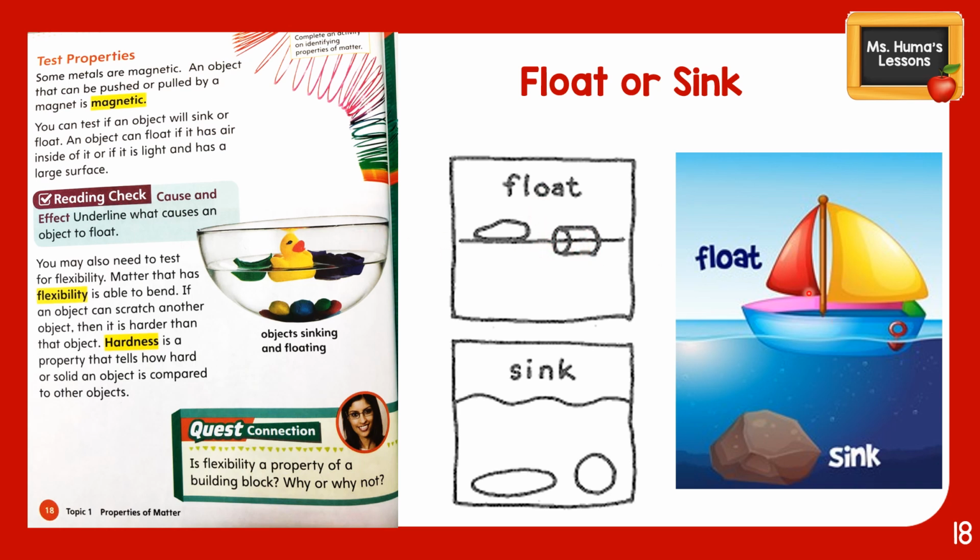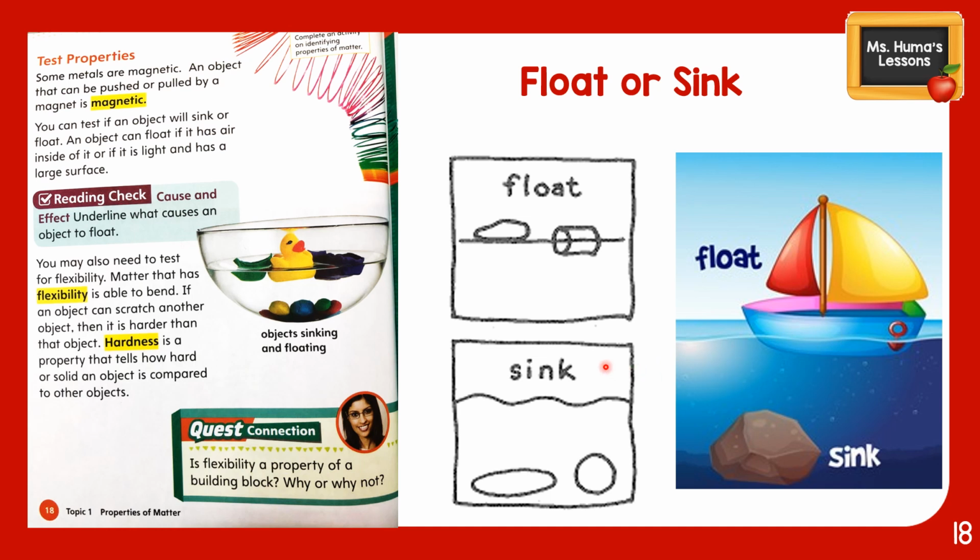So we have to test it. We don't see it, we have to test this property, whether it is floating or sinking. We have to put each and everything one by one in the water, and we will see whether it is floating or sinking. An object can float if it has air inside it, or if it is light and has a large surface. How do we know that some objects float and some objects sink?